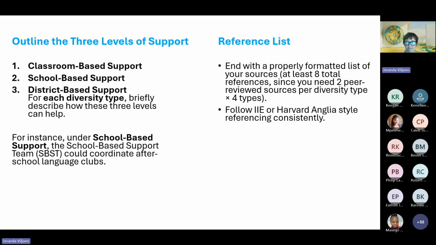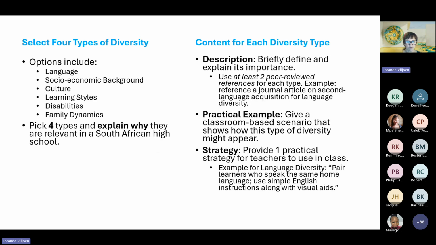Jacqueline, you've got a question. I just wanted to ask, with those peer-reviewed articles, is that for that whole section on each diversity, or does it have to be just for the explanation? No, it's for the whole diversity that you're discussing. If we can go back to this one, which one was it?